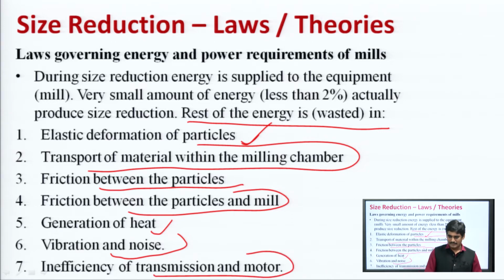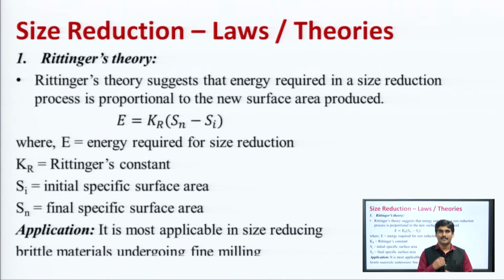Due to these things, most of the energy, that is 98%, is wasted. So, actually we are using less than 2% of energy for the size reduction process in a mill, or in the different mechanisms by which we go for size reduction.